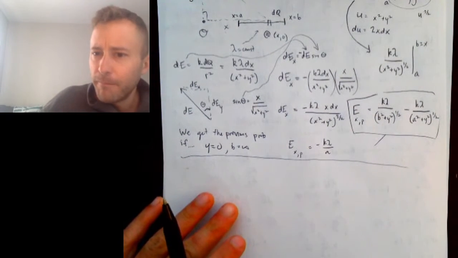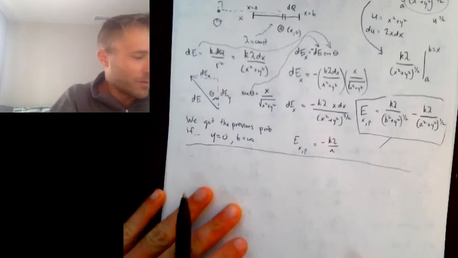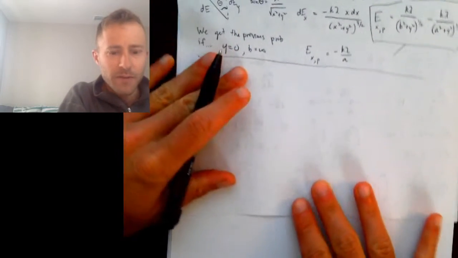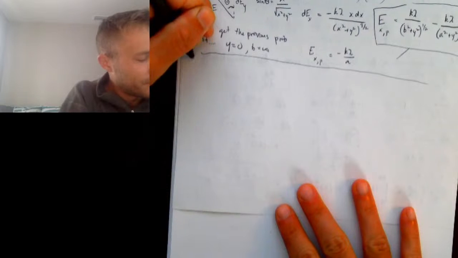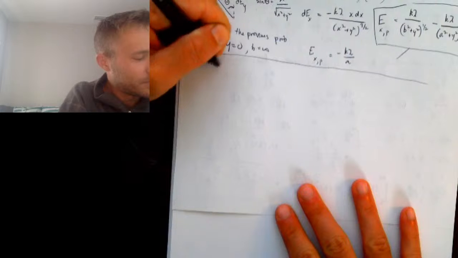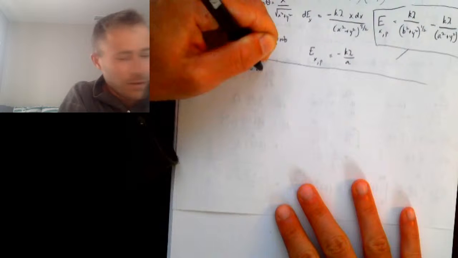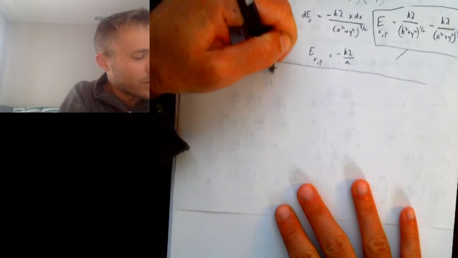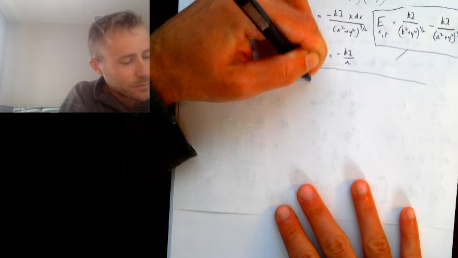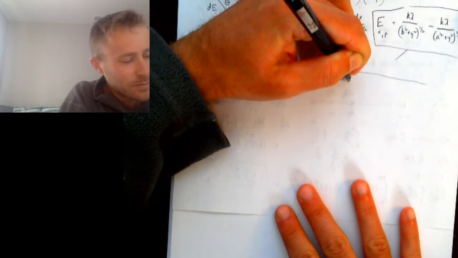Now we're going to do one more example here. What if we have a uniform semicircle of total charge Q and radius R?